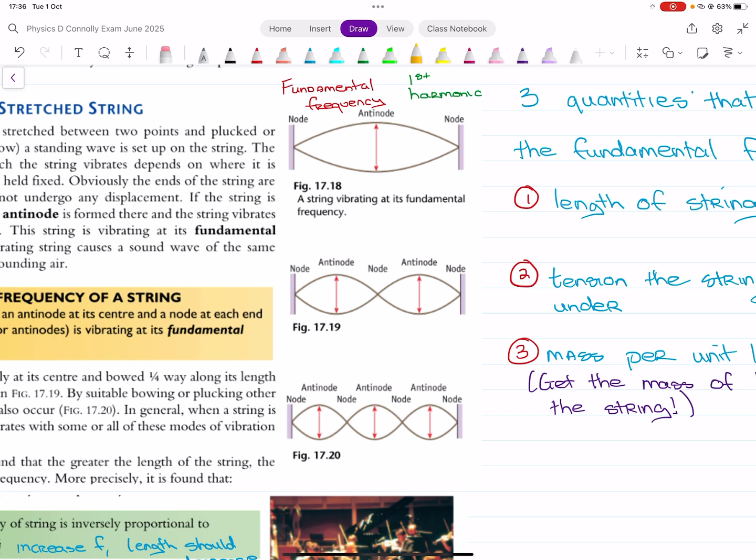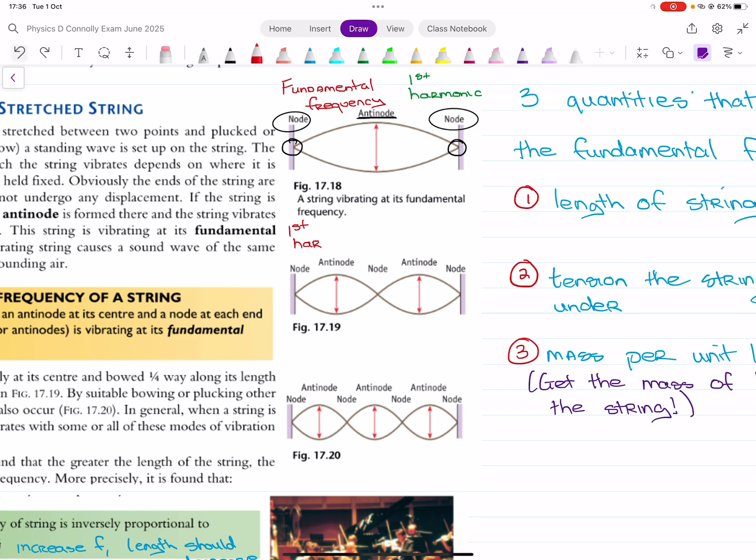Yeah, and that's where you have two nodes, so you can see them named here, two nodes and one antinode. Then we move down, and if we're using the fundamental frequency, the red naming convention, then this is the first harmonic.